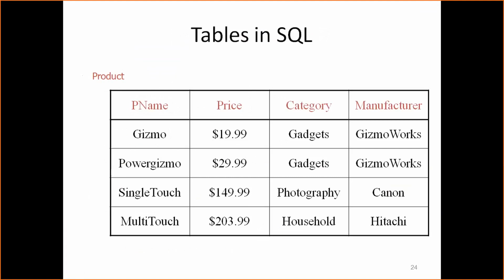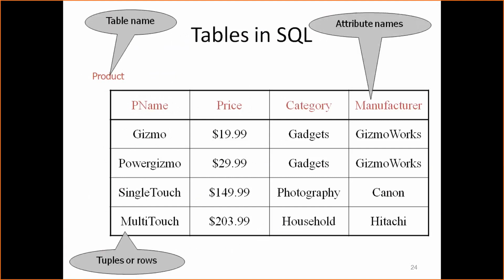Okay, this is a simple example of a table. The table name is product, and the attribute names are product name, product price, category, and manufacturer. So these are your attribute names. Every attribute name represents a column, and the rows are called tuples or rows.